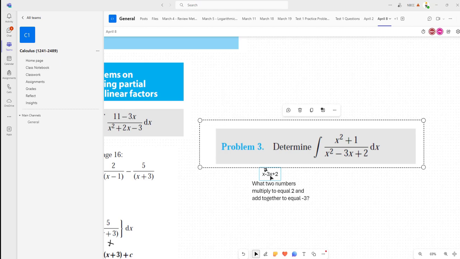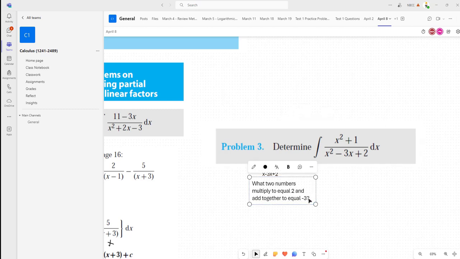So I just rewrote it here, x squared minus 3x plus 2. What two numbers multiply to equal 2 and add together to equal minus 3, right? So there's really only two combinations, all right? We have 3 and 1, right? Those are really the only ones that can be used because, sorry, not 3 and 1. We have 2 and 1, I should say, because 2 times 1 is 2, and that's all we have.